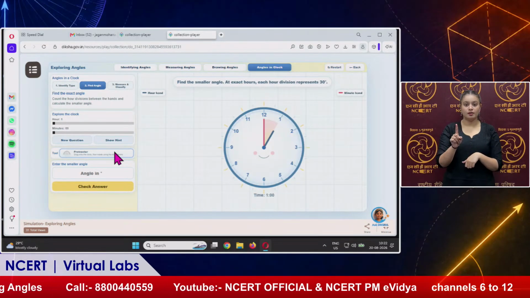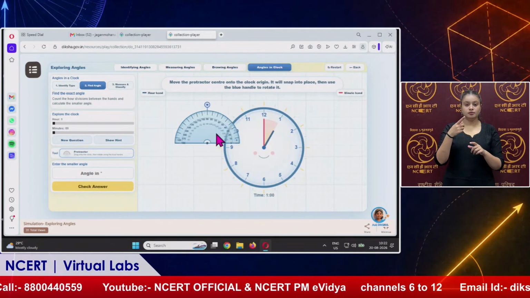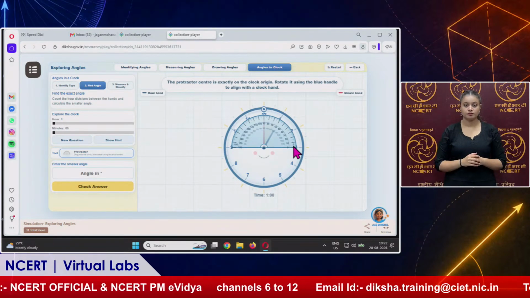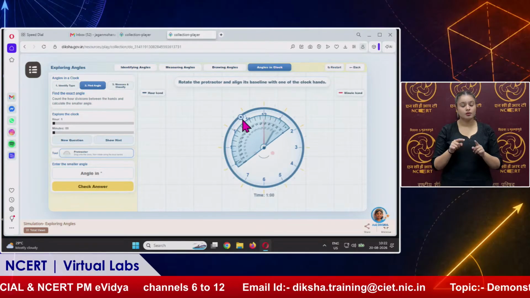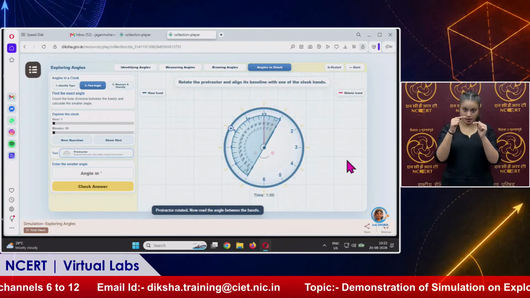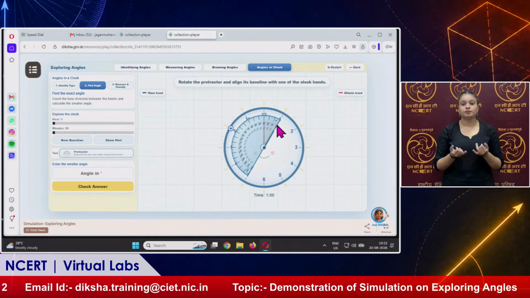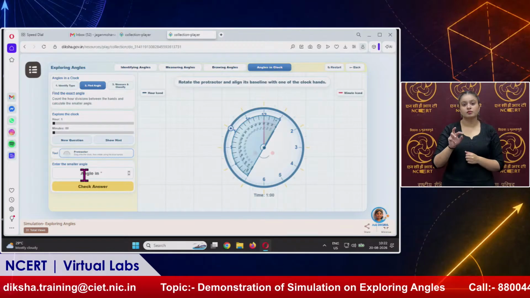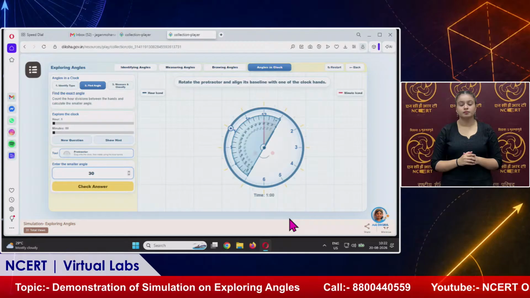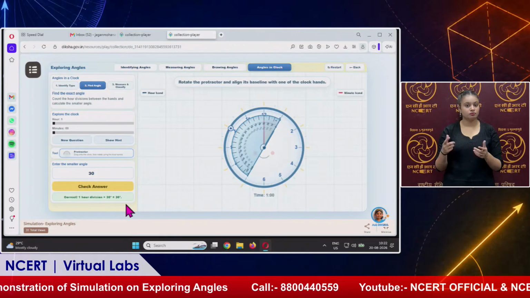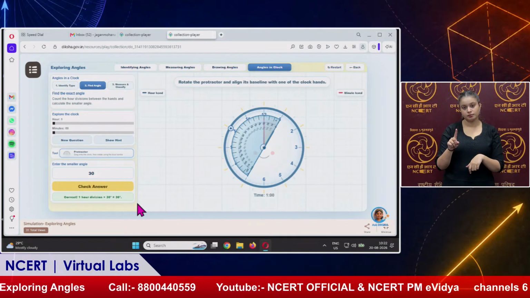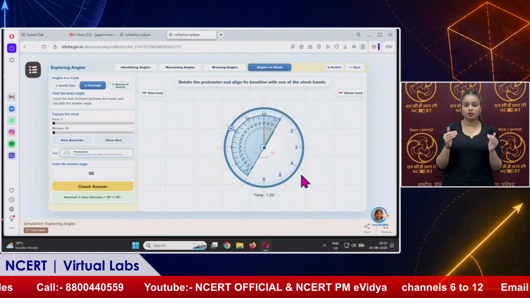We drag the protractor here and coincide it with the vertex, and ensure the baseline coincides with one of the arms. Now the angle is 30 degrees. Now I will enter 30 degrees, then check our answer. Correct. 1 hour division multiplied by 30 equals a 30 degrees angle.